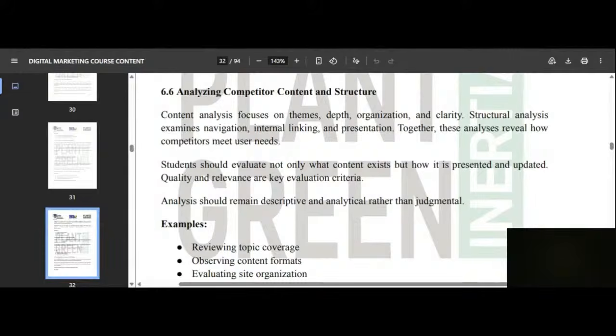Together, these analyses reveal how competitors meet user needs. Students should evaluate not only what content exists, but also how it is presented and updated. Quality and relevance are key evaluation criteria. So the analysis should remain descriptive and analytical rather than judgmental.